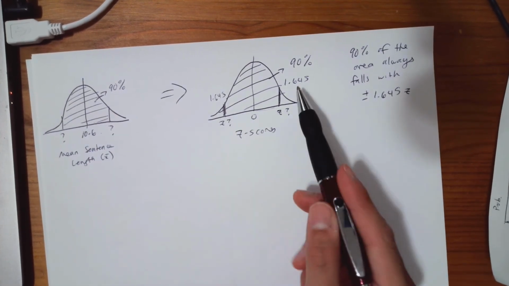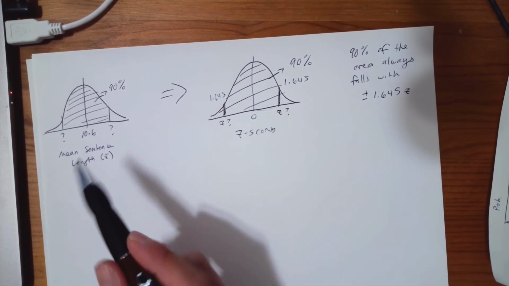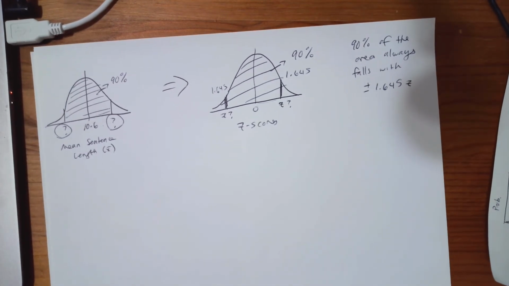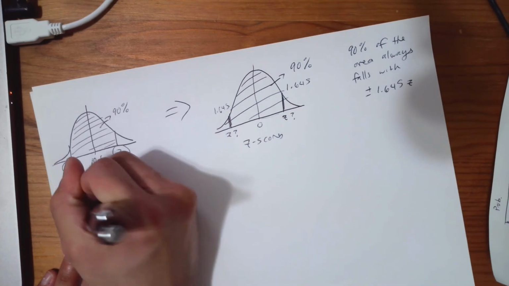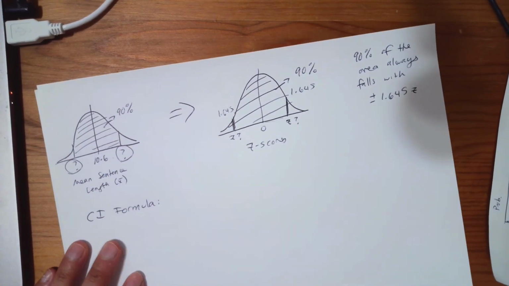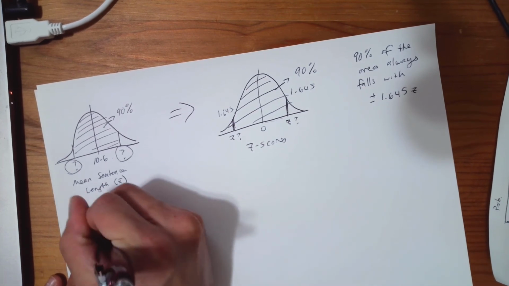To do that, we're going to use these z-scores that we found, so our critical z-values, to figure out what our question mark values are here. And to do that, we're going to use something called the confidence interval formula. And specifically, your confidence interval formula is going to look like this.